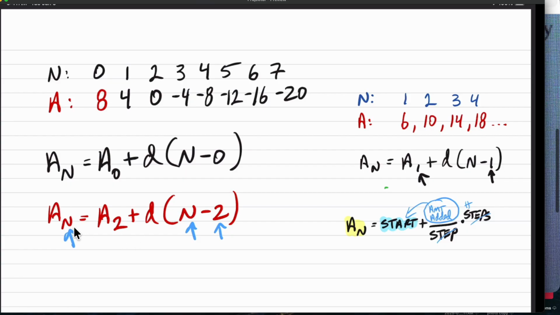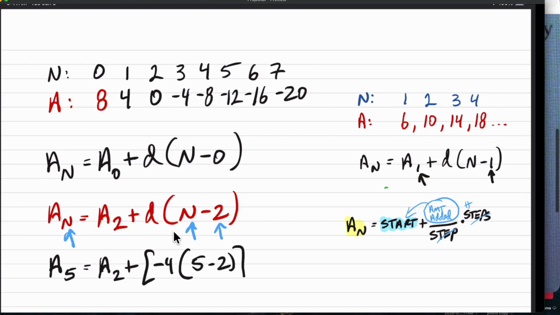Okay, so let's pick a value and see if we're correct. Let's see if we can predict accurately the amount at position 5. That's going to be the amount at position 2 plus negative 4 times 5 minus 2. The amount at position 2 is 0.